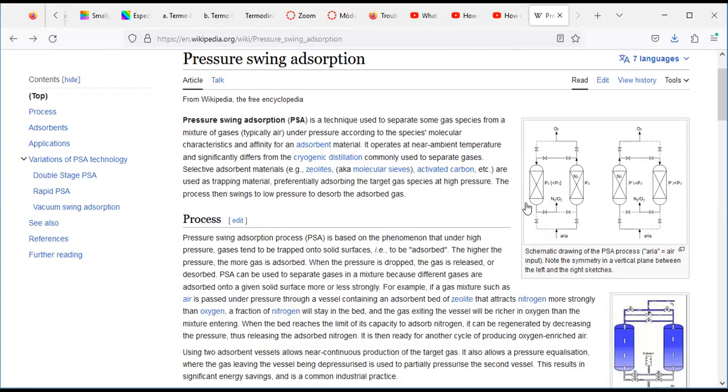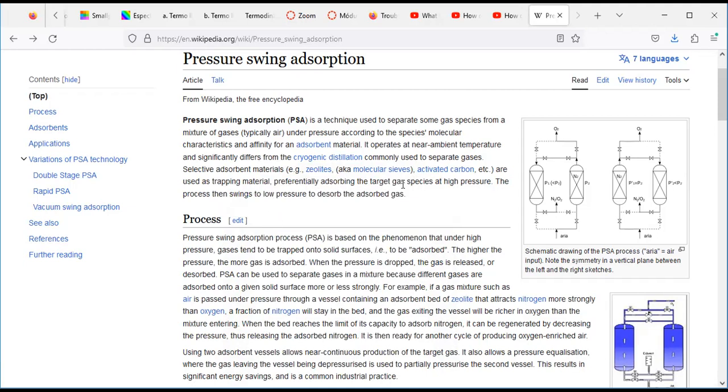Selected absorbent materials, son zeolitas, son tanques, como usted ve una X, están rellenos de material absorbente, particularmente dice zeolitas, molecular sieves, son filtros moleculares, activated carbon, carbono activado, are used as trapping materials, material que va a ayudar a absorber o atrapar el gas que no deseamos.